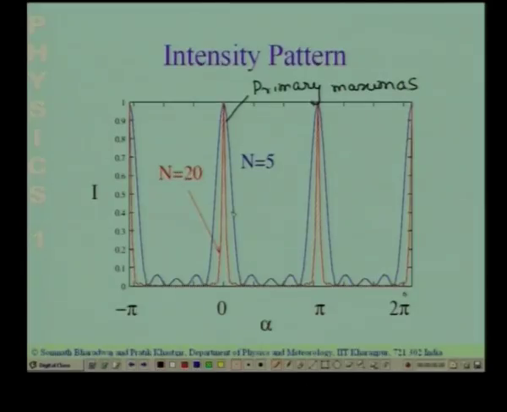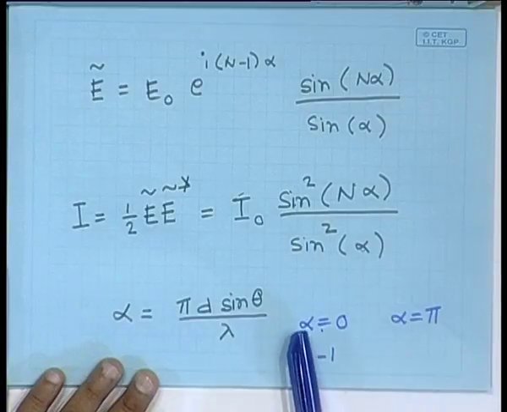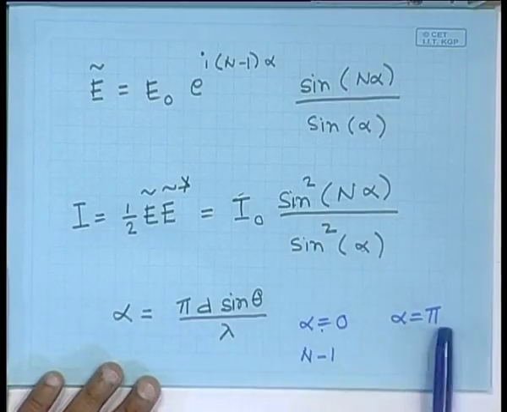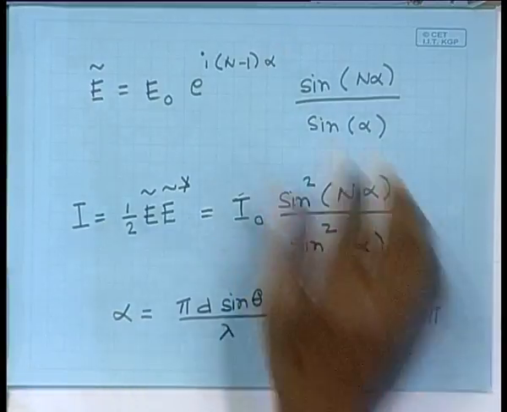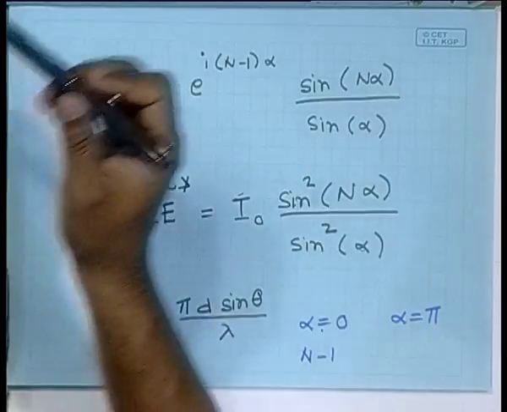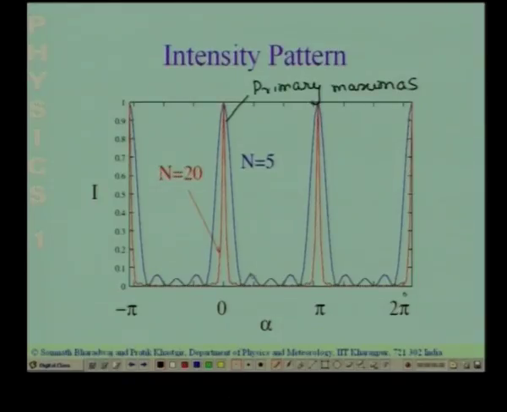So, the blue curve shows you the intensity pattern. If I had 5 oscillators, you can see that it becomes 0 once, twice, 3 times and 4 times in between the value 0 and pi. The numerator becomes 0 exactly 4 times. So, in general it is going to become 0 n minus 1 times in between 2 primary maximas, and between these zeros of the numerator there are going to be secondary maximas over here, here and here.